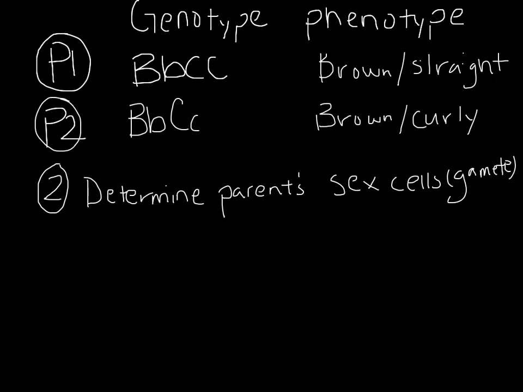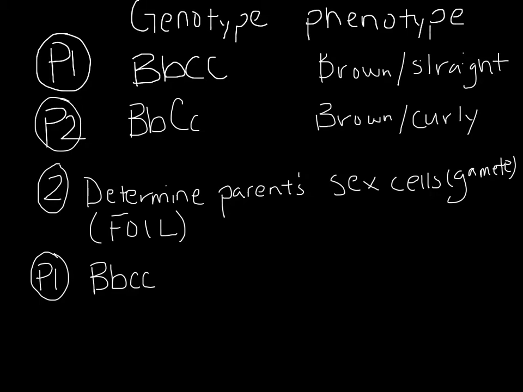So a gamete is a sex cell. The way that you do this is we use the FOIL method. It's the same FOIL method that you use in math, if you can remember that. What you do is you write out the parent. So let's do parent 1. Write out their genotype: big B, little b, little c, little c.